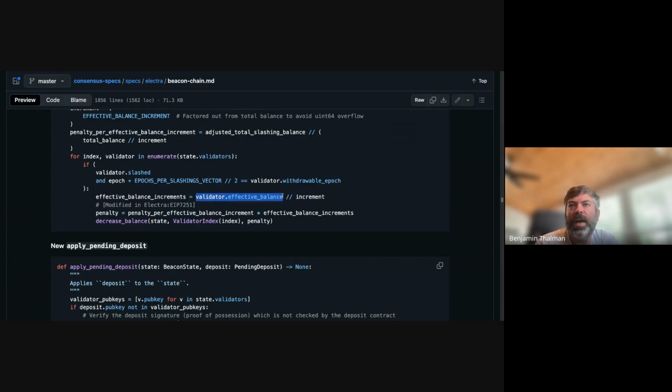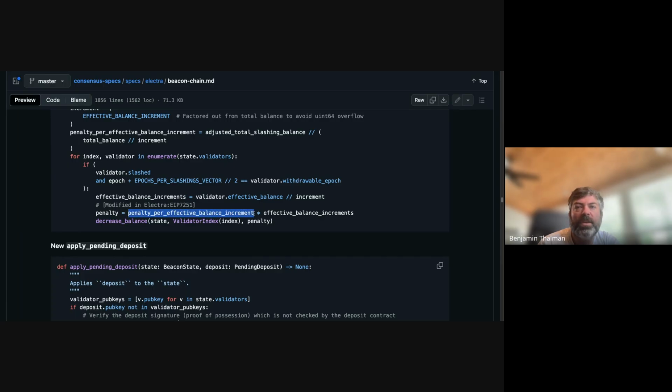So if you have a validator with 31.75 ETH, the effective balance increments will be 31, because 31,750,000,000 floor divided by a billion gives you 31, not 31.75. Drop the decimals.